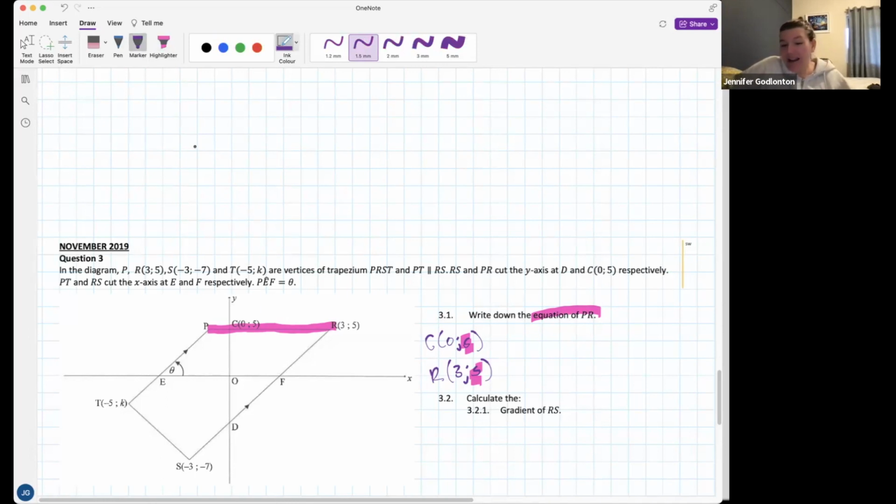Remember, it's not going to be like a long saga where you're going to have to find a whole bunch of things, because it's just your first question of this, which means it's generally a nice, easy, quick answer. So which values are the same as each other, and what does that mean about the line?